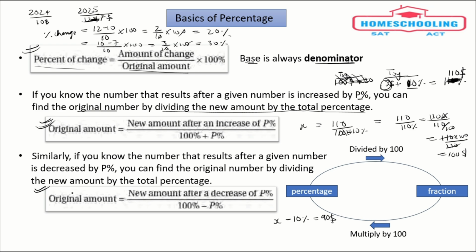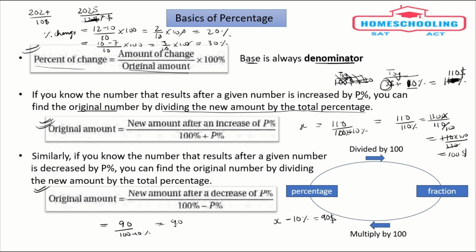To find the original price before the discount, it would be the new amount after discount, 90, divided by 100 minus the discount percentage, 10%.